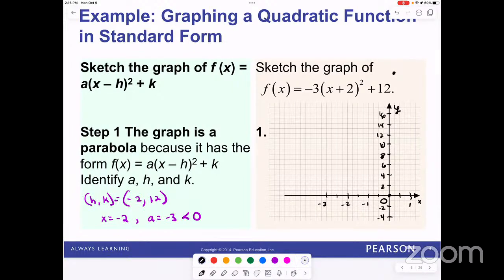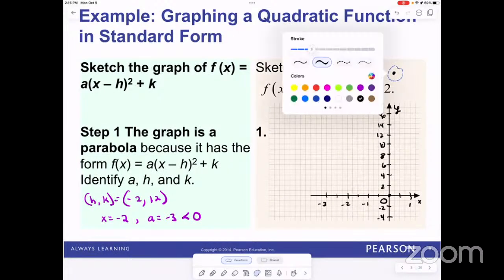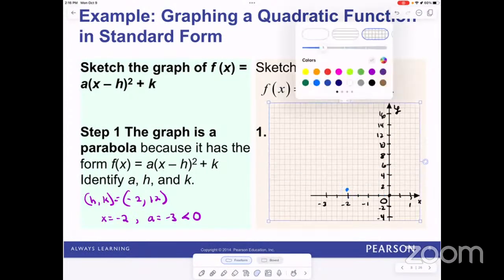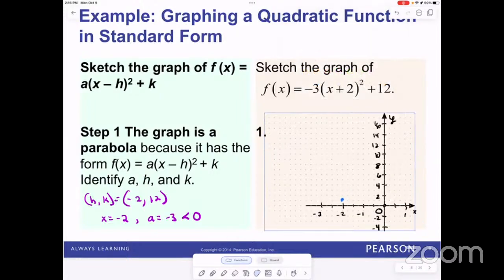Let's shrink this down just a little bit. We'll do it in blue. You said what, negative 2, 12? Let me do one other thing.